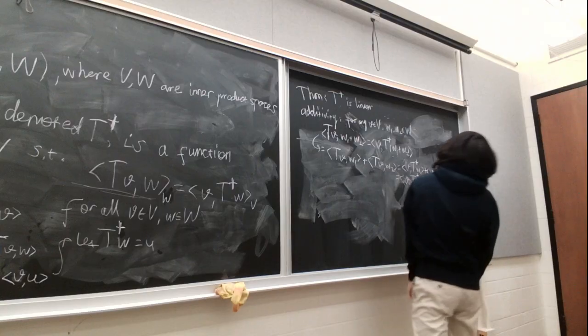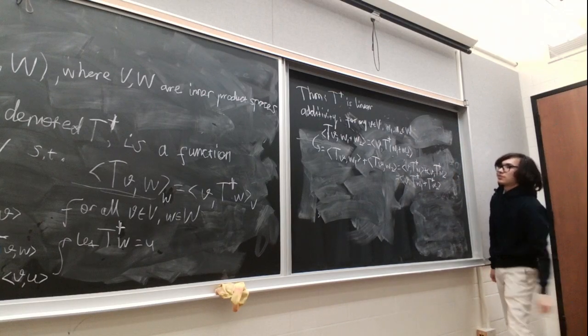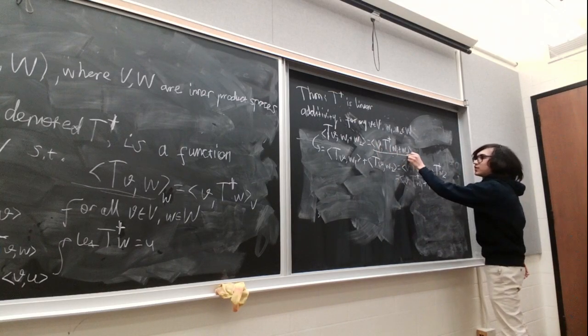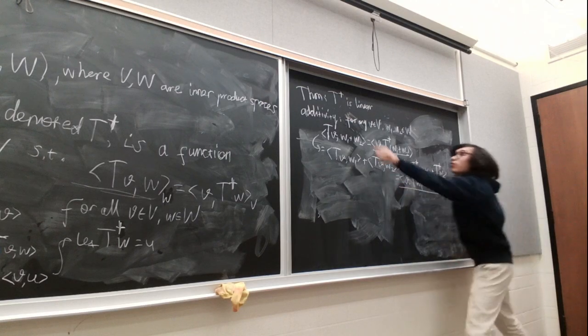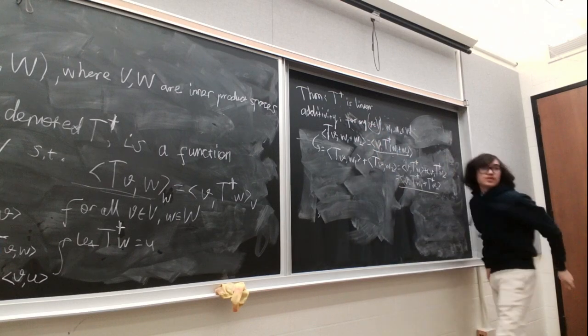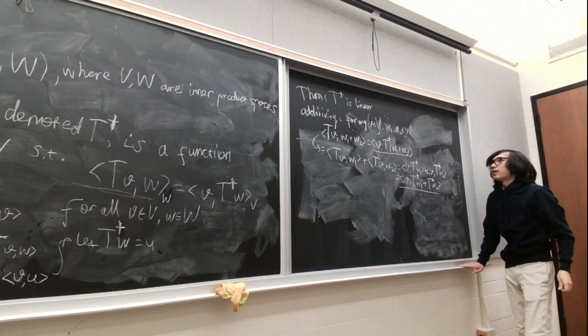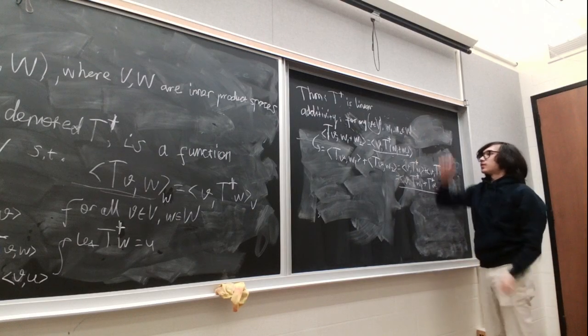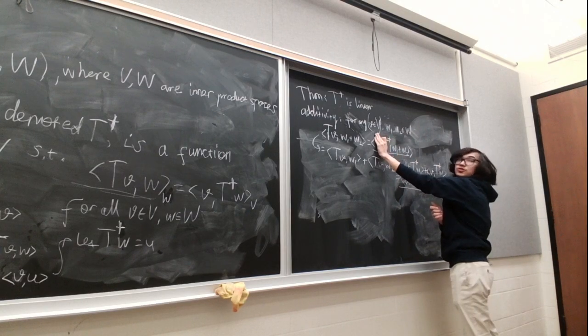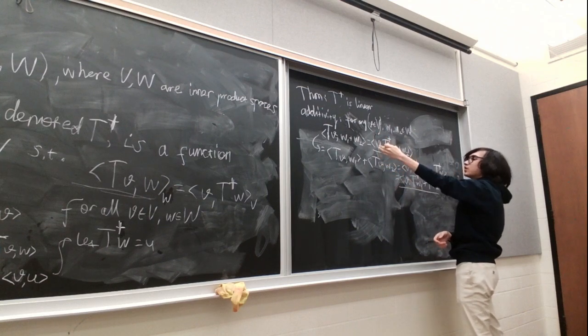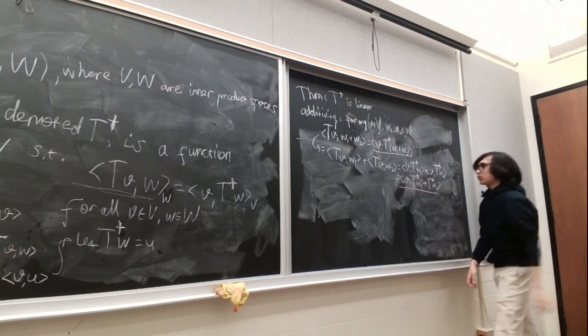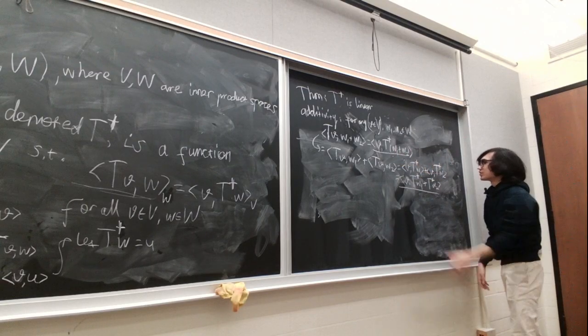And so you see, here we have that this inner product is equal to this inner product for all V. And so we can consider this linear functional, taking any V and assigning it to this number.